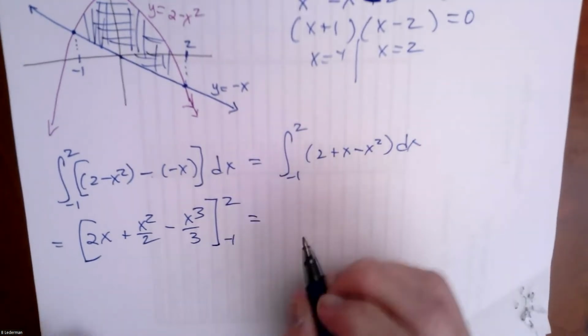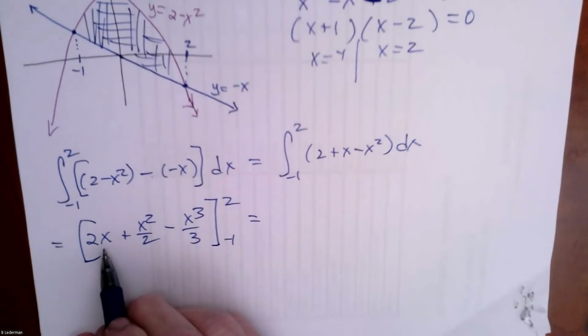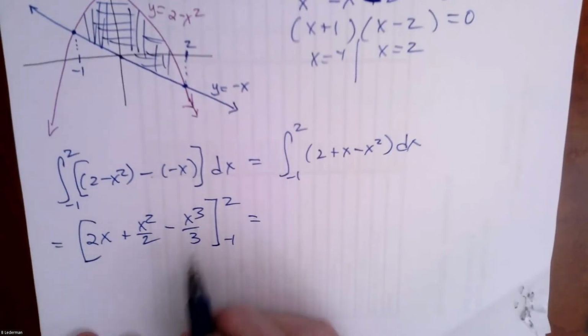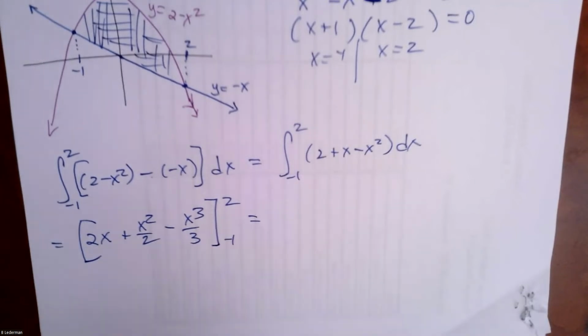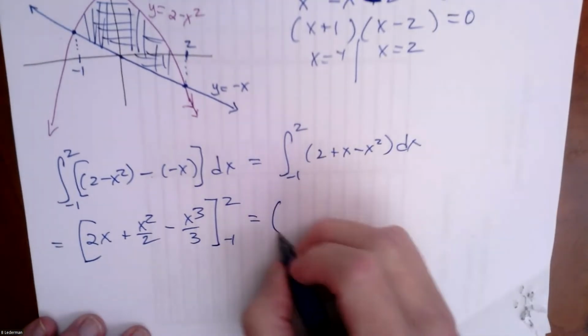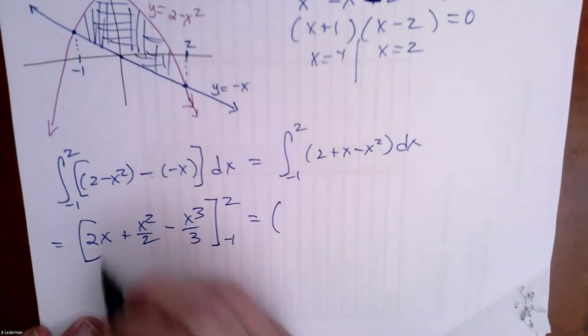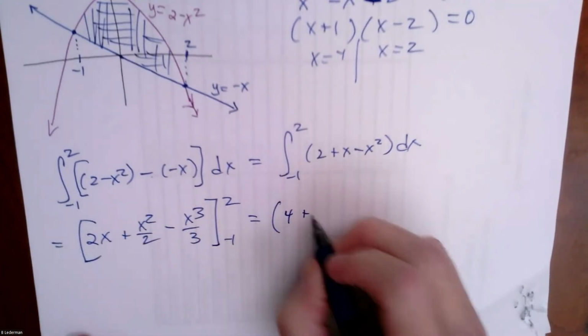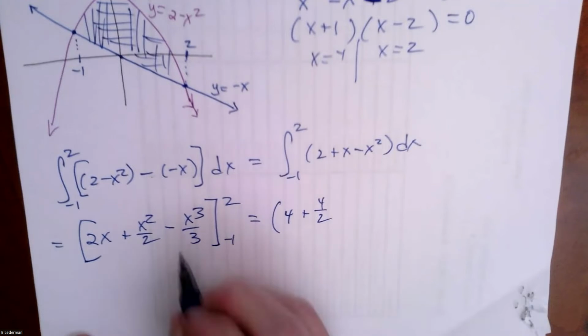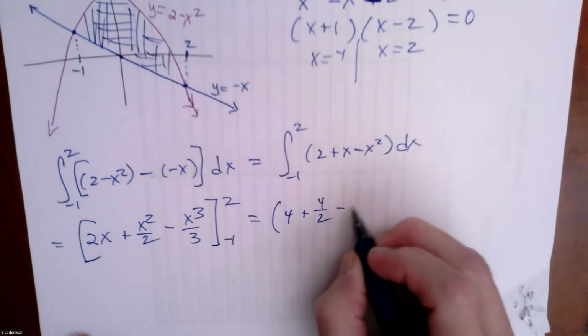So first I'm going to plug in 2 for x and crunch that out. I'm going to plug in -1 for x, crunch it out. I'm going to subtract the two things. So this is 2 times 2, which is 4, plus 2 squared divided by 2, which is 4 halves, minus 8/3.